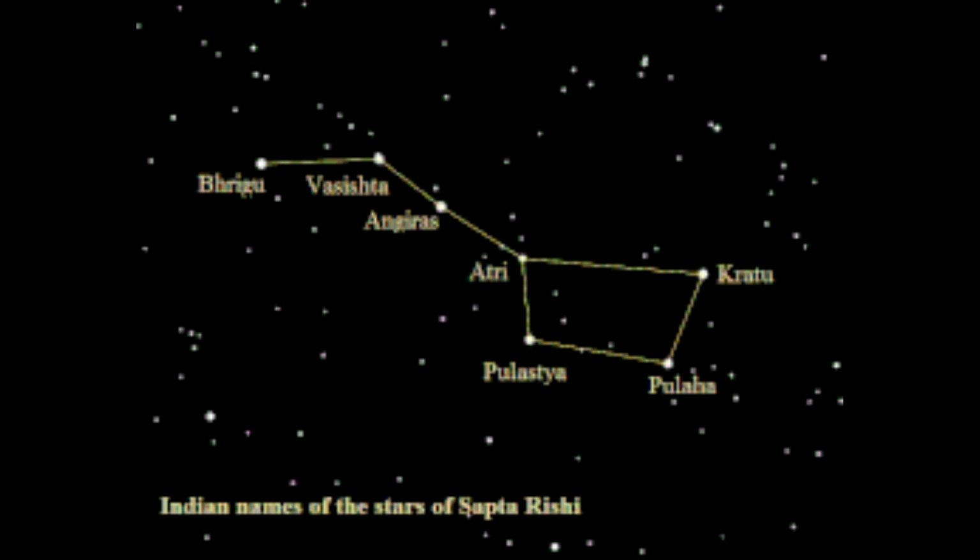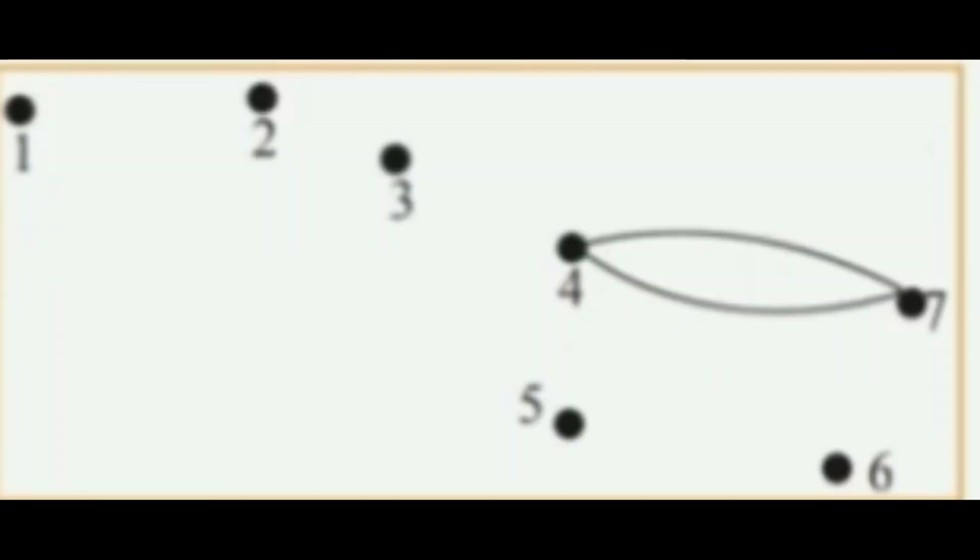These are known as constellations. Thus, different constellations can be identified from their shape.